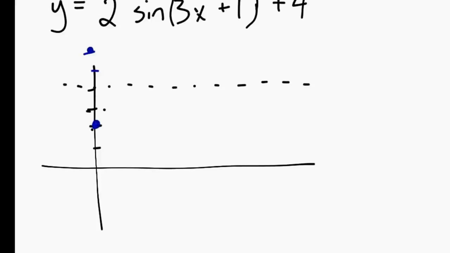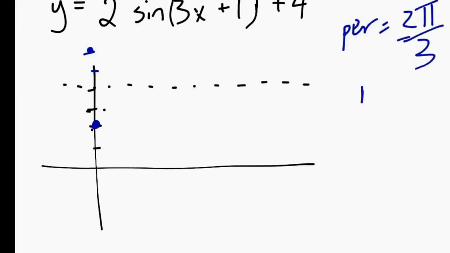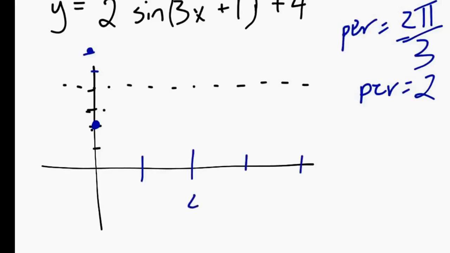Now the tricky one this time is our period. Our B number is 3, so our period would be 2 pi divided by 3. 2 pi is roughly 6, so our period is going to be 6 divided by 3, which is 2. So in 2, we're going to have one complete cycle.